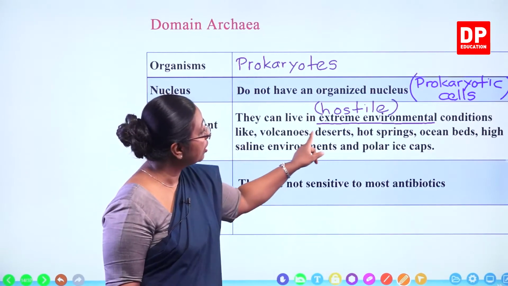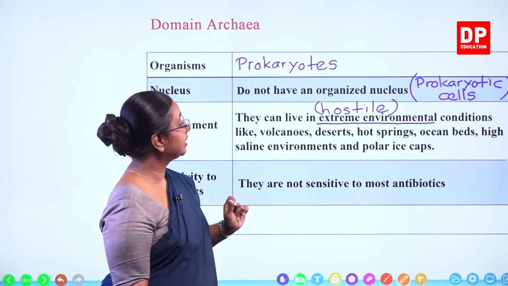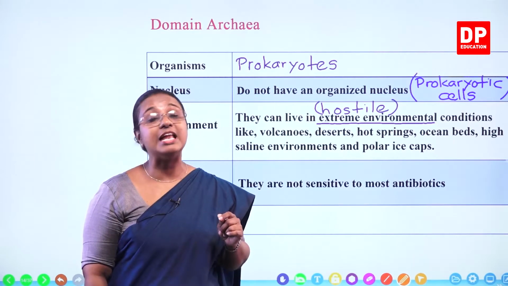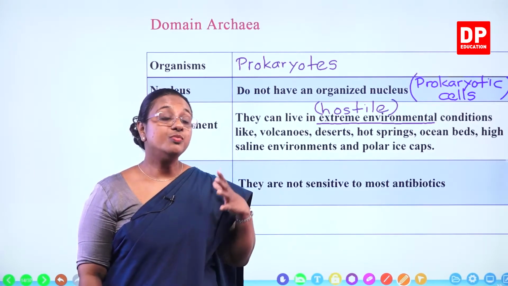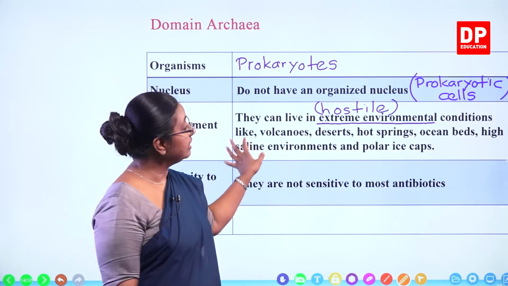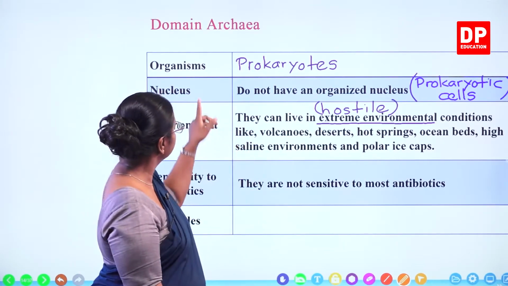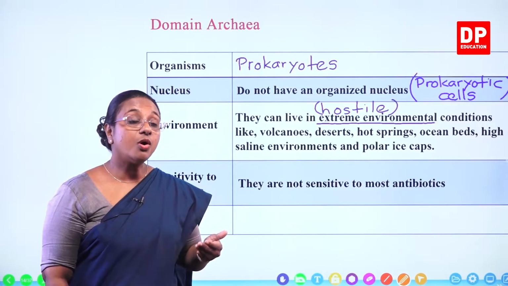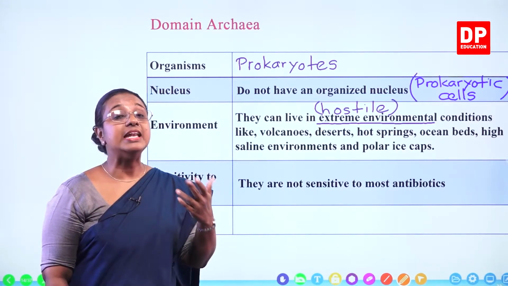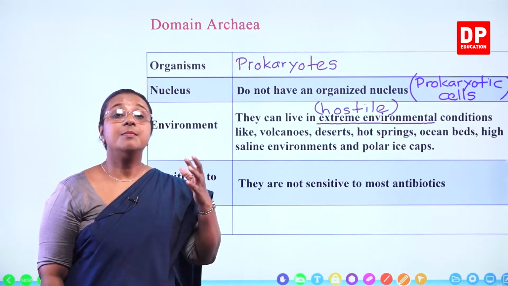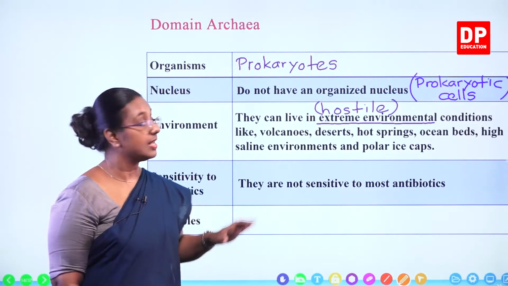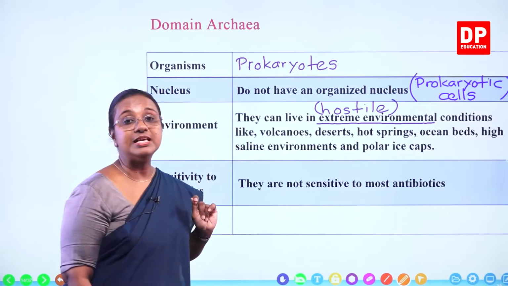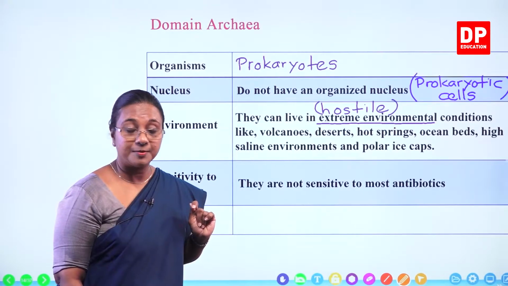So these are all extreme or hostile environmental conditions. We normally can't survive in these conditions. But the prokaryotes that belong to Domain Archaea, called methanogens and halophiles, two types, can live in all these extreme environments.